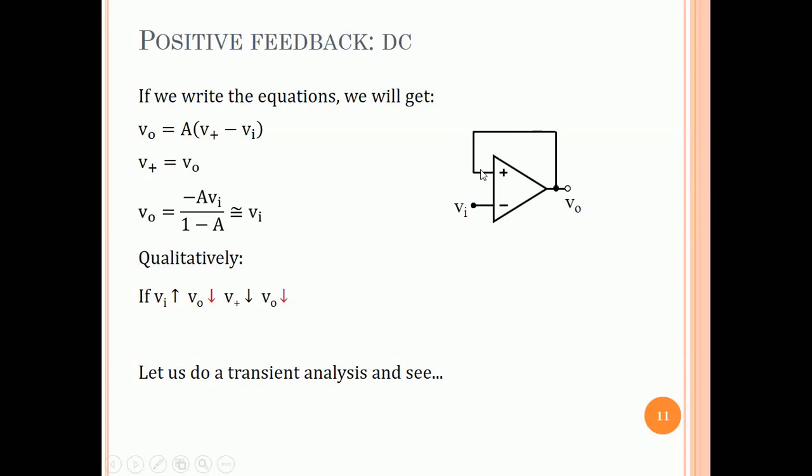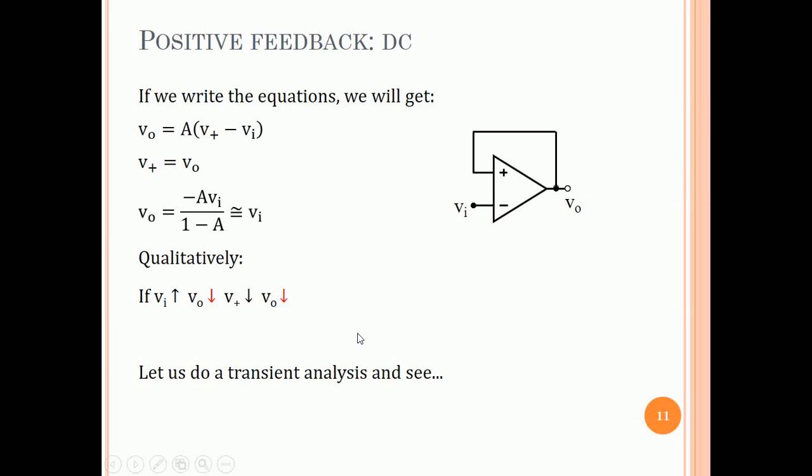Both the input as well as the fed back path are causing VO to decrease. Both have the same trend, and of course this is what defines positive feedback. This circuit has positive feedback. So we can say VO will keep on decreasing until something happens, so let us see what happens.